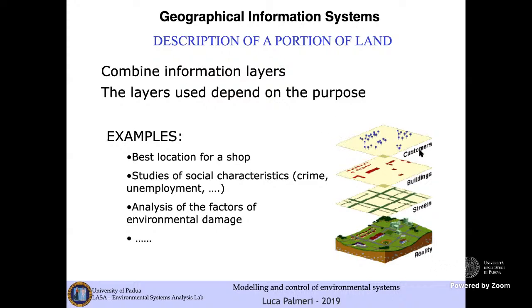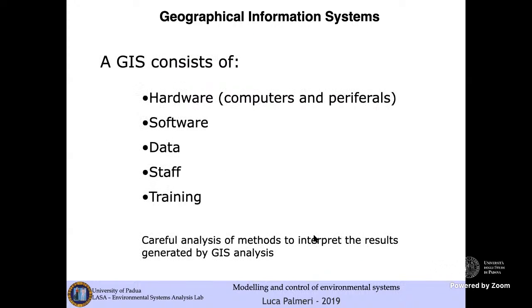The idea is that of combining different data layers, for example, a picture of reality, maybe a digital elevation model, then information on streets, buildings, and customers, that are the layers that may be employed for building a DSS for finding the best location for a shop.